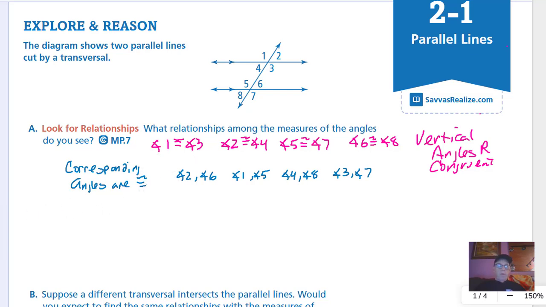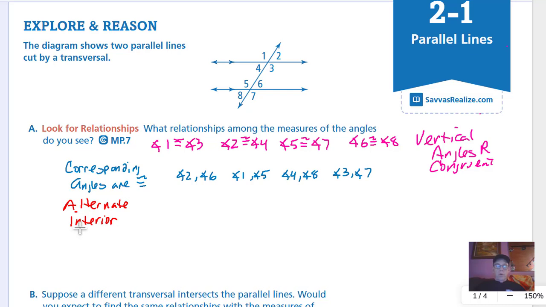The other thing we have going on is that angle 4 and angle 6, and angle 5 and angle 3 look to be the same size. And in fact they are. We call those alternate interior angles. They're on opposite sides of the transversal, that's the alternate, and also opposite corners, and they're inside the two lines that are crossed.